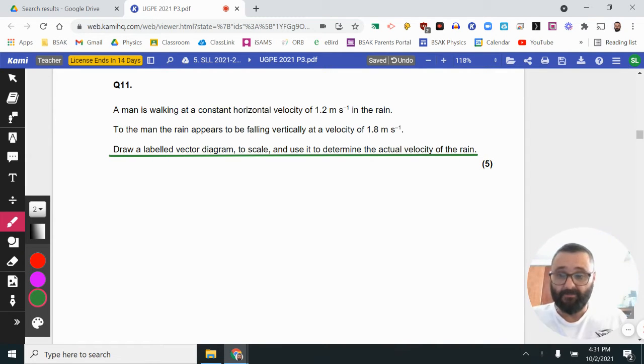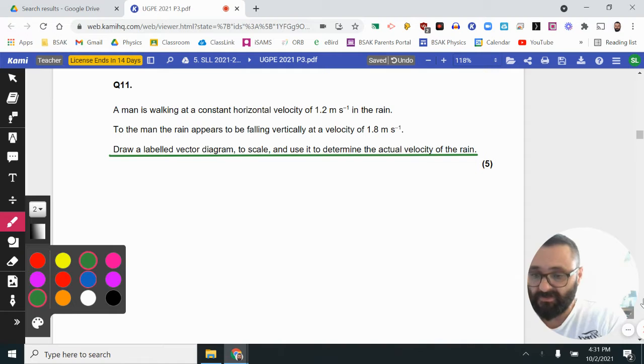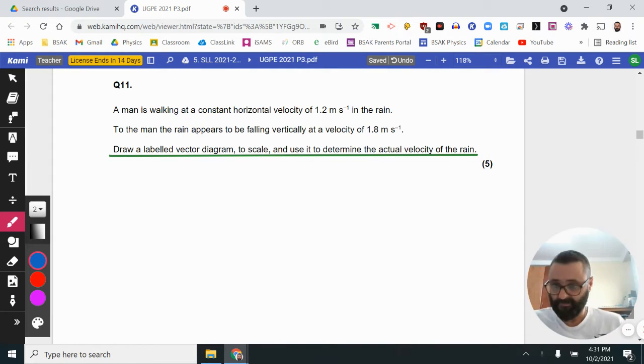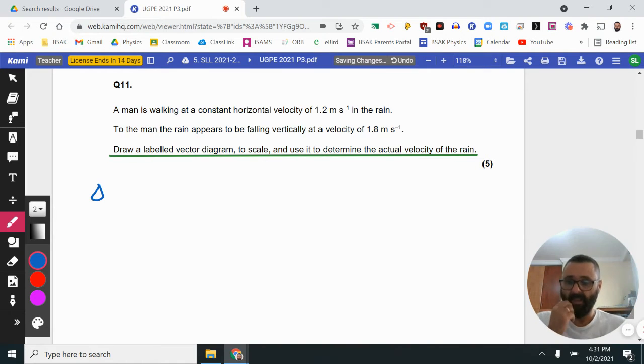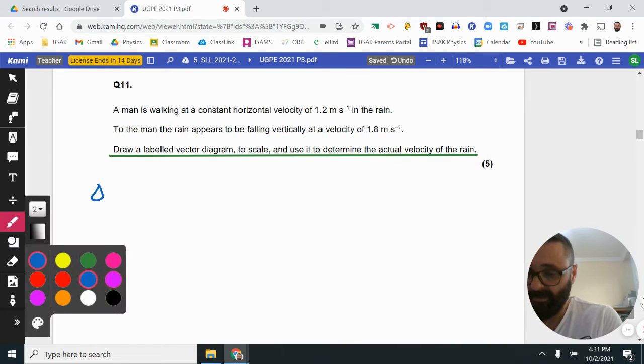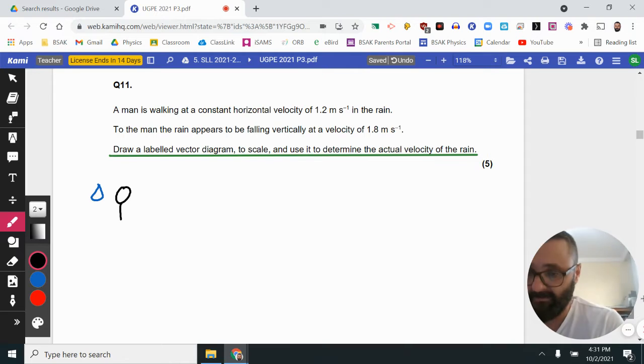But it's not as straightforward a premise as a lot of vector questions, so let's try and think this out. A diagram's always nice. We've got rain that's falling. Now it appears to the man that it's falling vertically downwards, but there's a man walking into the rain. So there he is there.